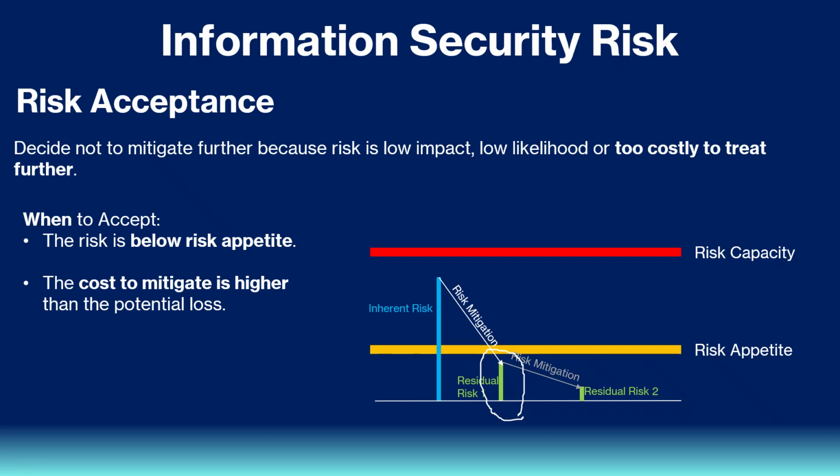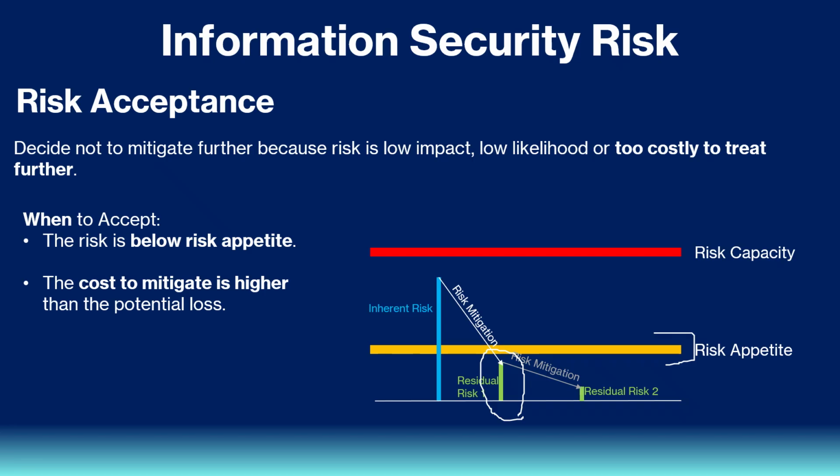Well, if the risk is below the risk appetite, the organization may decide to accept the risk. Here is how the logic works. If the company wants to reduce the risk even further, it usually requires extra resources, most commonly money. But if the cost of mitigating that risk is higher than the potential loss if the risk happens, then it's simply not worth it.